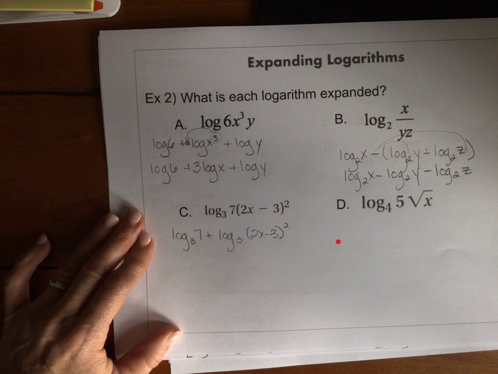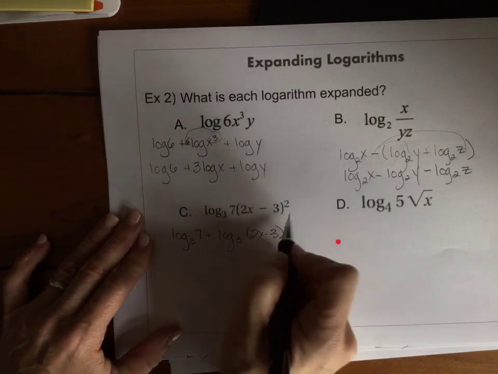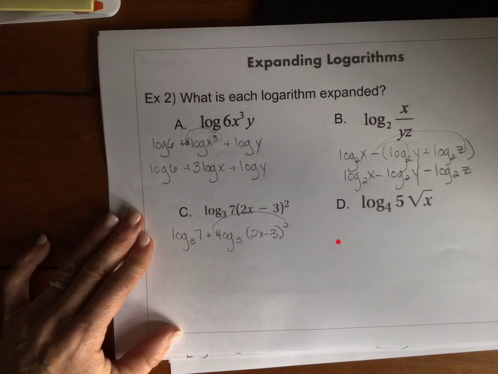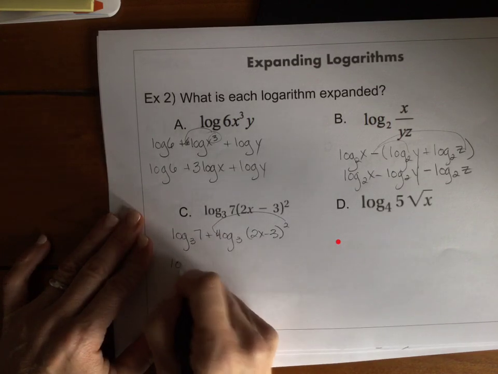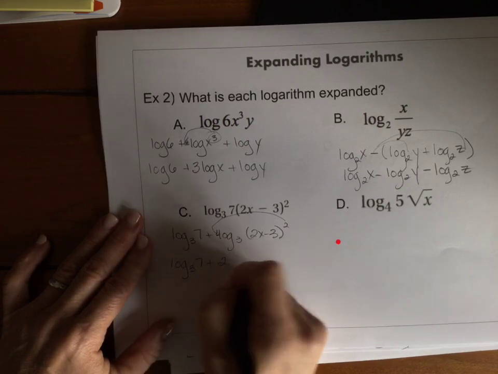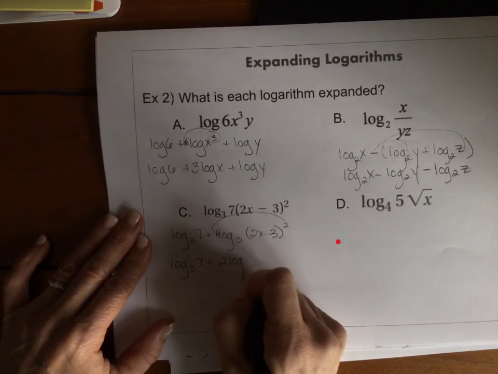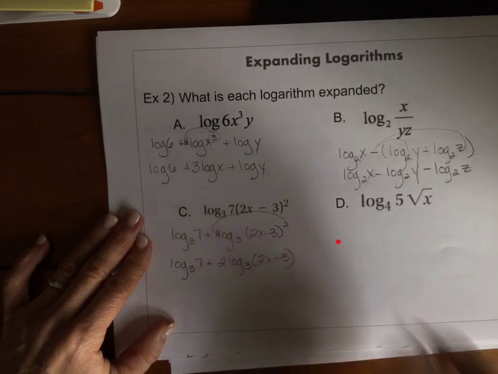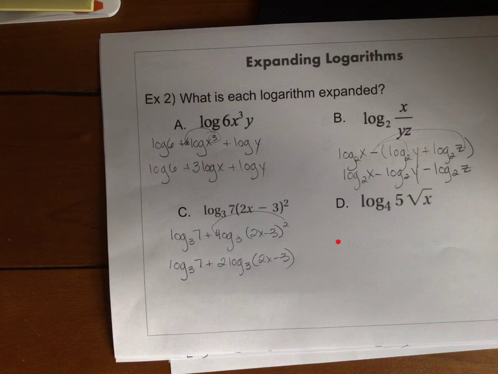You should recognize that I have an exponent there, so using the power property, I'm going to bring that out front. I get log base 3 of 7 plus 2 log base 3 of 2x minus 3. And then I'm done with that.